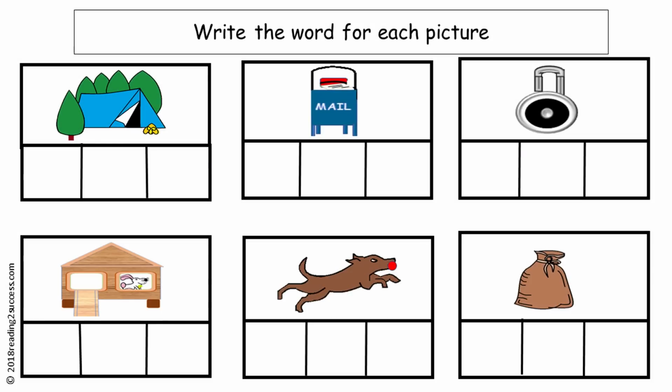With kids, say each picture: tent, scent, lock, hutch, catch, and sack. Then have kids go back to the first picture, say tent, and then push up for each sound heard, and then have them write the letters in the correct boxes.